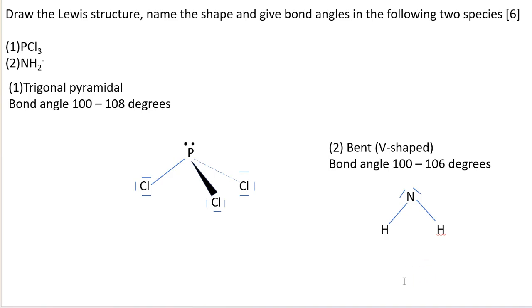I've drawn my Lewis structure. I see my shape, again based on tetrahedral, but my 2 lone pairs repel more. I'm V-shaped. You could say V-shaped, you could say bent. Bond angle: I'm going from 109.5 down by 2.5 degrees twice, 104.5. It's between the 100 to 106 degrees.